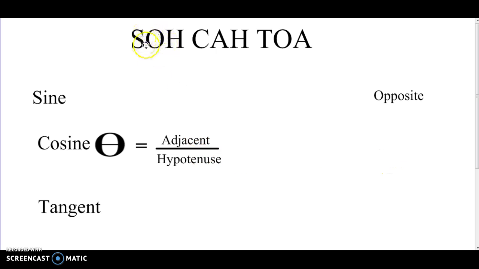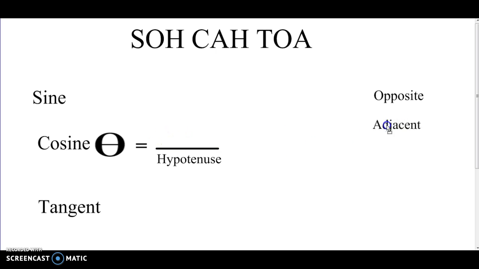So O represents opposite side length, A represents adjacent side length, and H represents the hypotenuse. So cosine of an angle measure is equal to the adjacent side length over the hypotenuse.